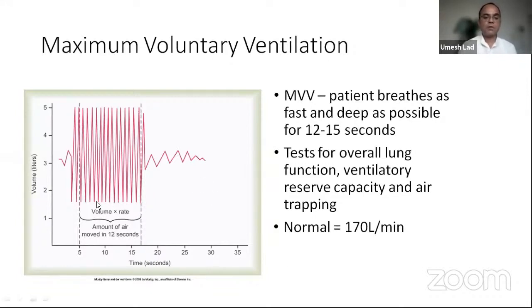You have to count the number of waves and then take the average of the maximum volume, multiply each volume by the rate, you will get it for that particular time, and then you have to convert it into a minute. Okay, that's why it is called maximum voluntary ventilation or minute respiratory volume.